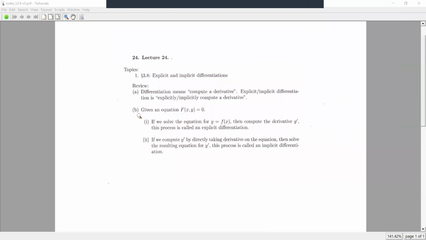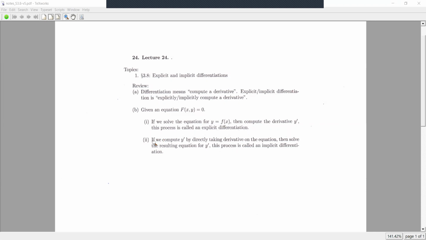Review number 2. Given an equation about x and y, where x is considered to be an independent variable and y depends on x. If we solve the given equation for y, then compute the derivative, this process is called an explicit differentiation.